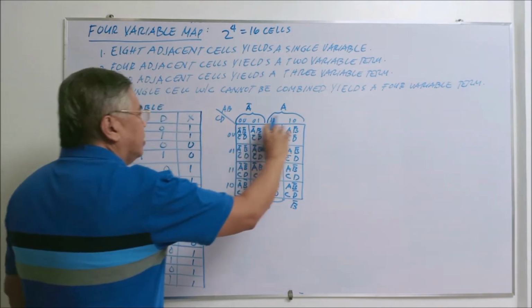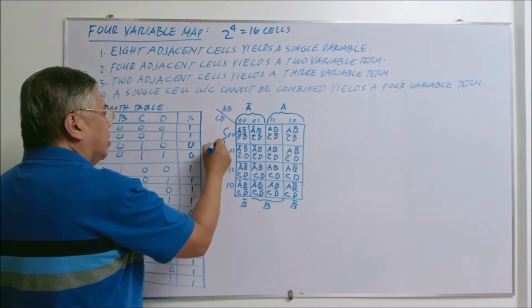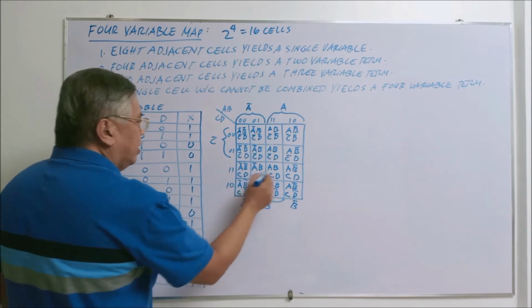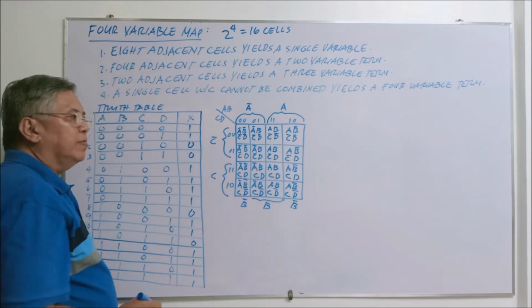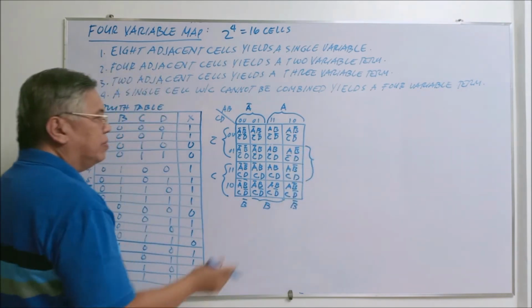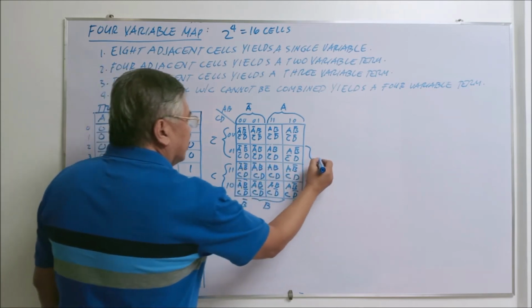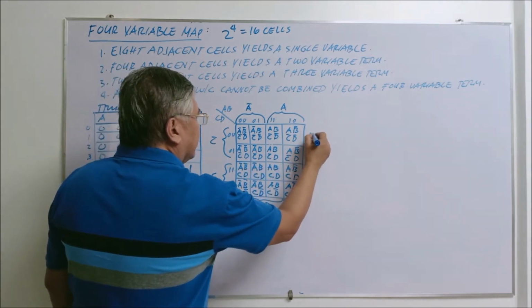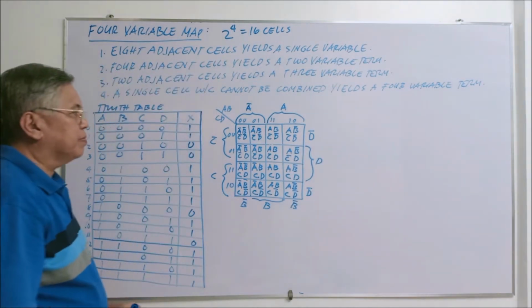Then here, the common is C bar. And then here, the common is C. Then here, at the side middle, the common is D. So therefore, here you have D bar and D bar.